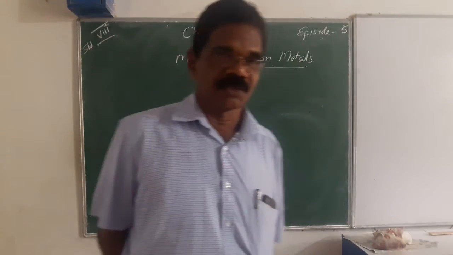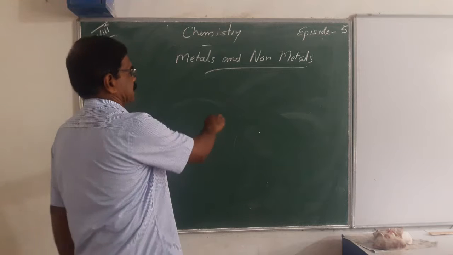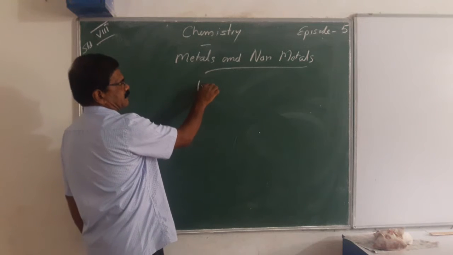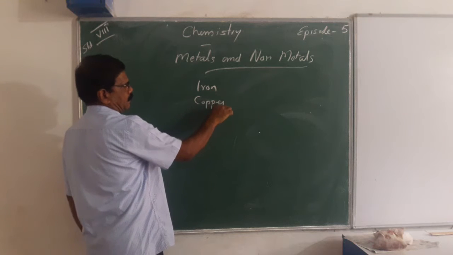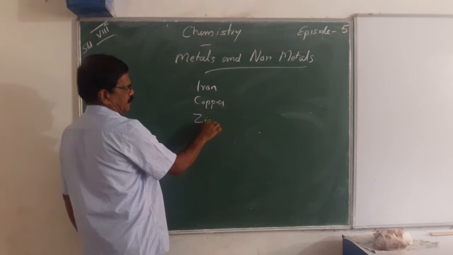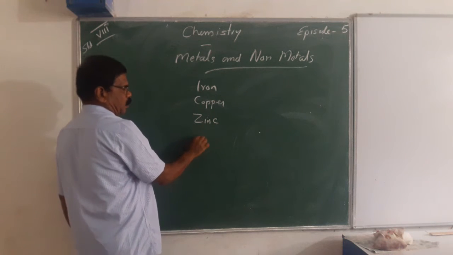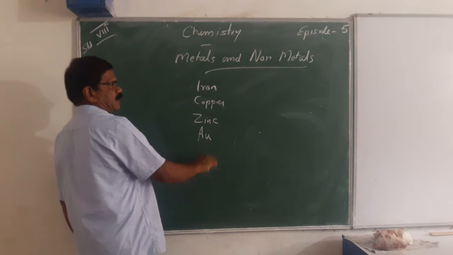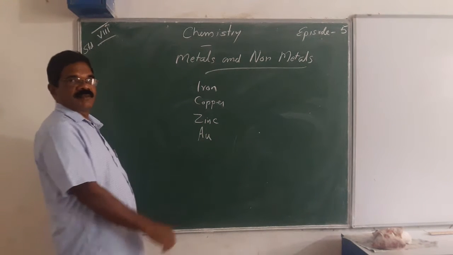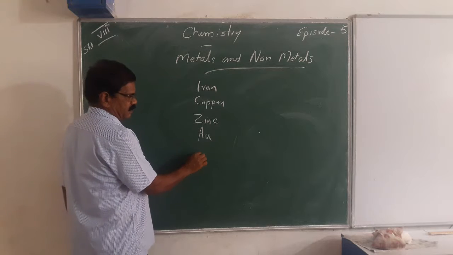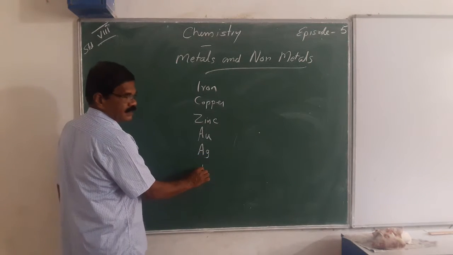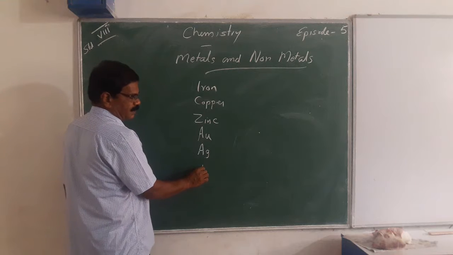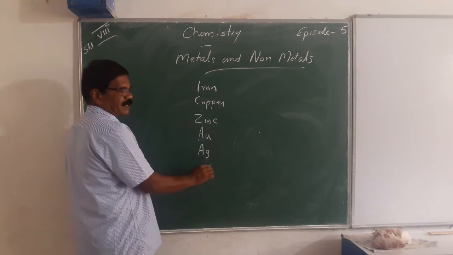Then we can come to know that they are made of certain elements like iron or copper or zinc or gold. What is the main use of gold? For making ornaments, or silver. Then tungsten.